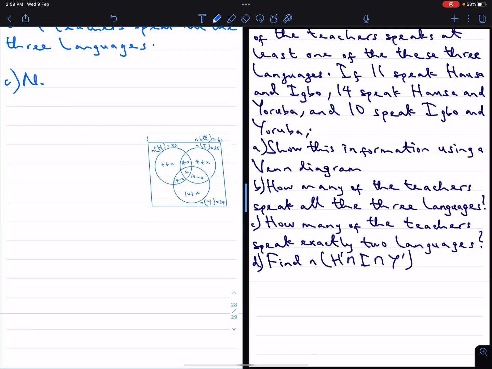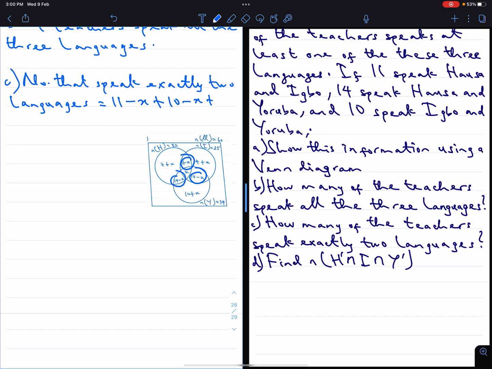So number of teachers that speak exactly 2 languages will be equal to 11 minus x plus 10 minus x plus 14 minus x plus 14 minus x.